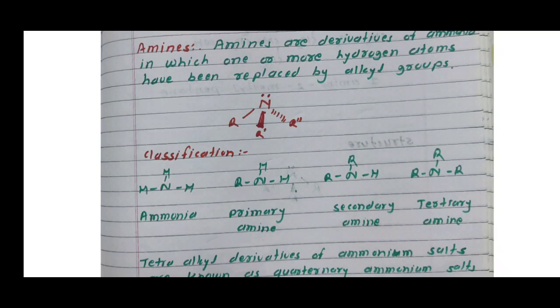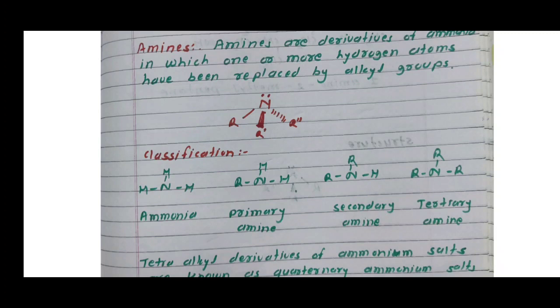And if 3 hydrogen atoms are replaced by 3 alkyl groups, a tertiary amine is formed. These 3 alkyl groups may be the same or different. So 1 hydrogen replaced gives a primary amine, 2 replaced gives a secondary amine, and 3 replaced gives a tertiary amine.